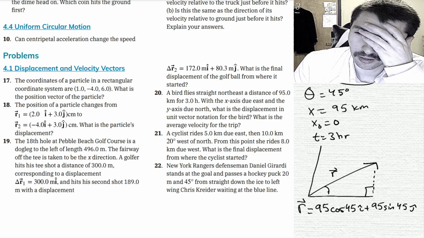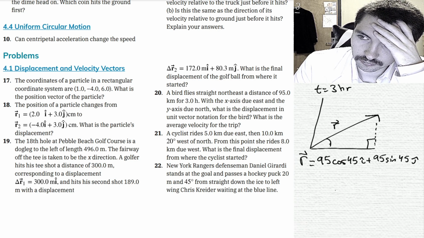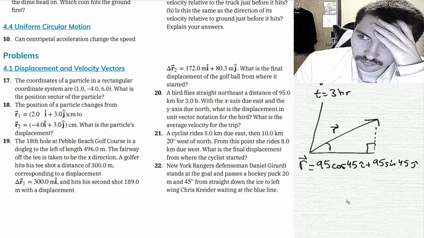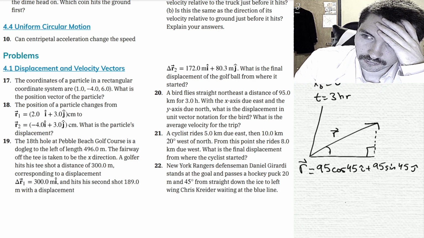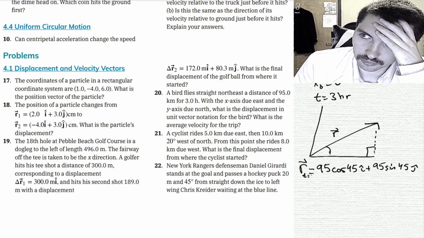Displacement should be, this is r at t equals 3. Then r at t equals 0 would have been 0. So our displacement vector should just be that.